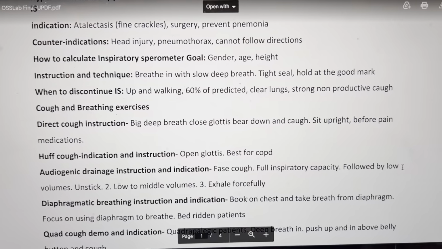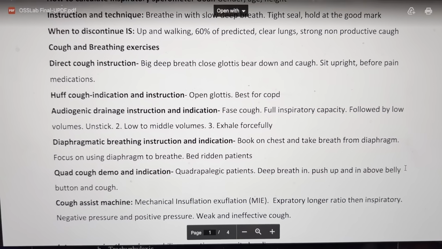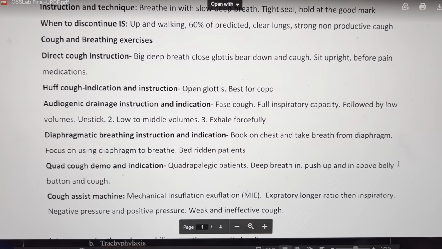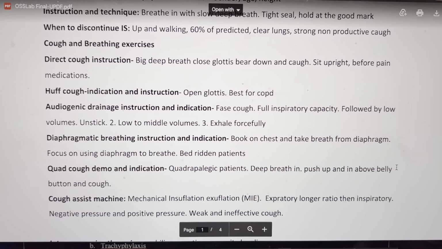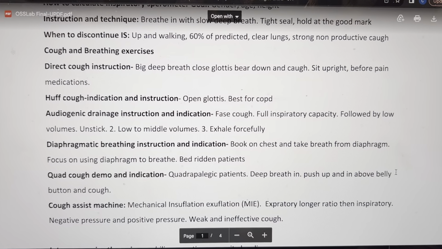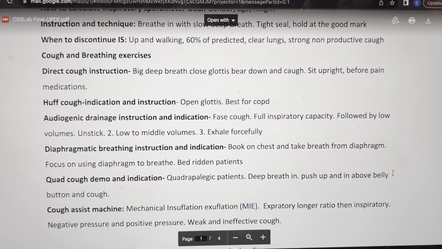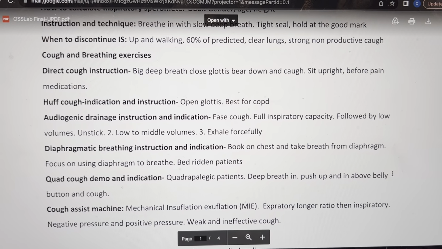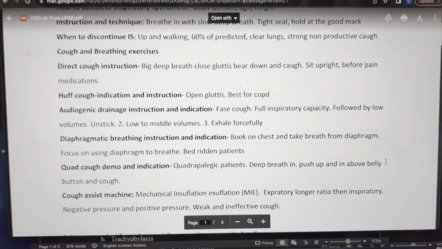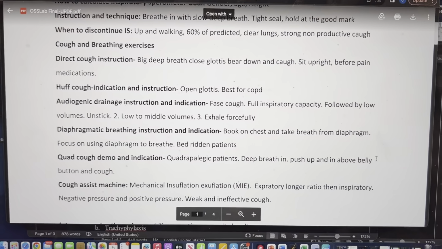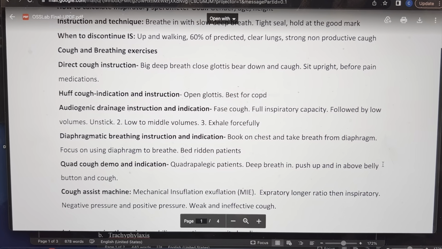Coughing and breathing exercises: direct cough instruction. Sit upright, and cough preferably before you take medications, or a few hours after pain medications, because they can make you sick.